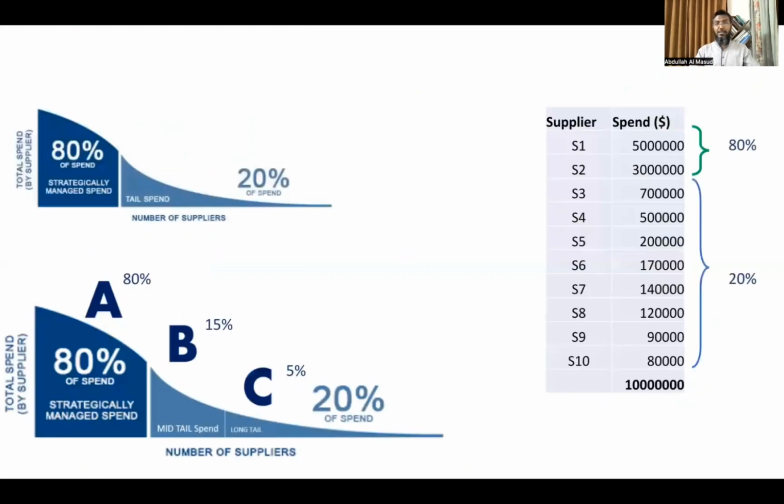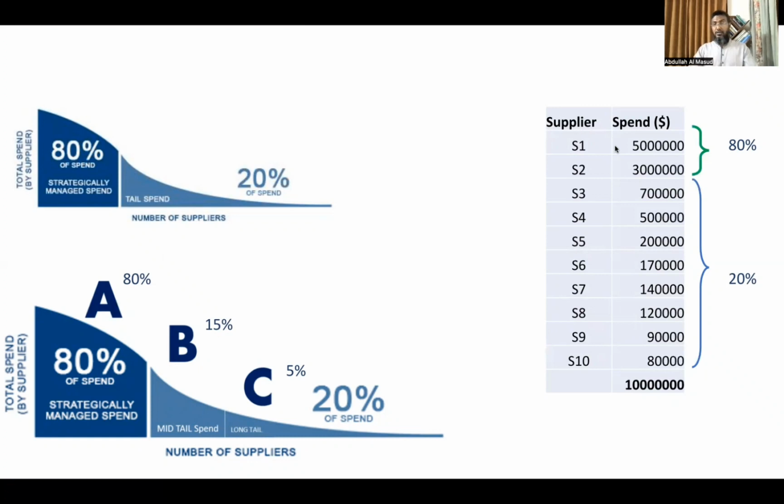On this basis, we can evaluate with the 80-20 rule, where 20% are strategic suppliers and 80% are general suppliers. Let's see on the right corner, where we have suppliers named supplier 1 to 10. Let's suppose a company has 10 suppliers and a yearly spend of $10 million.